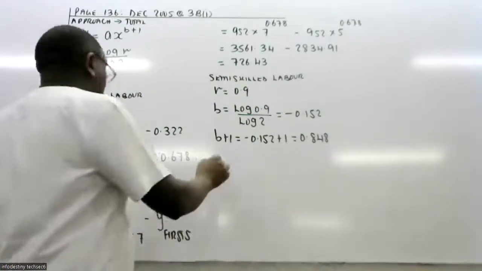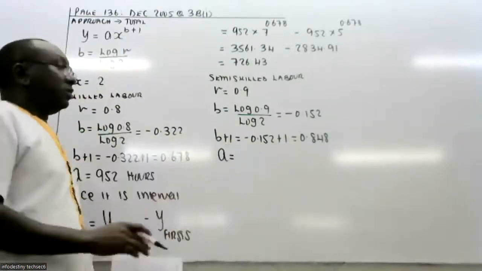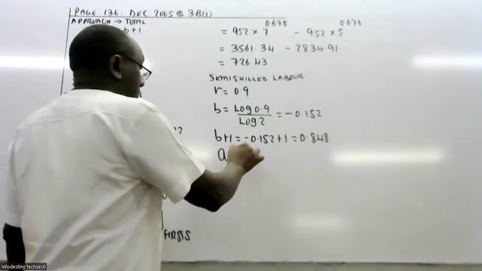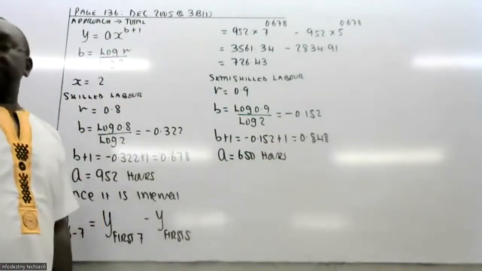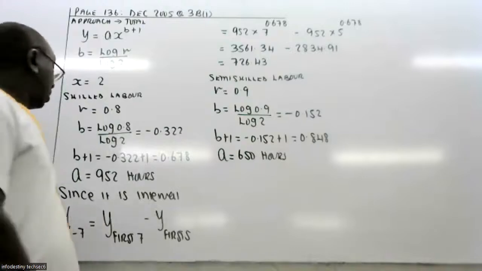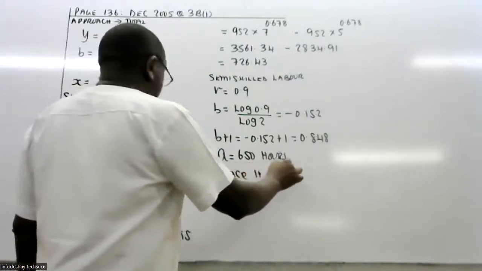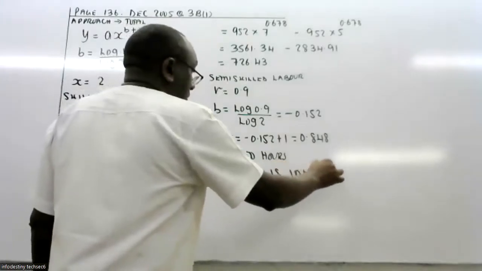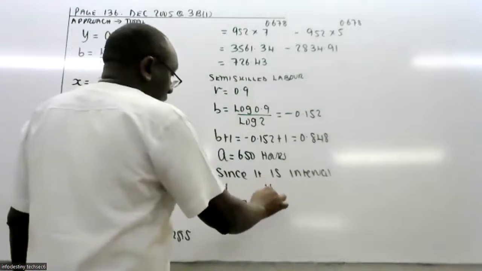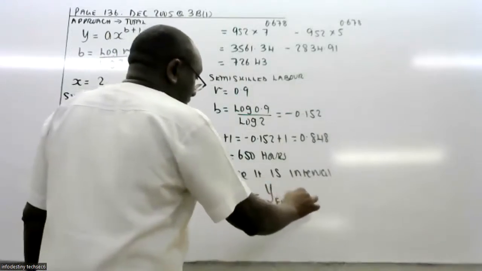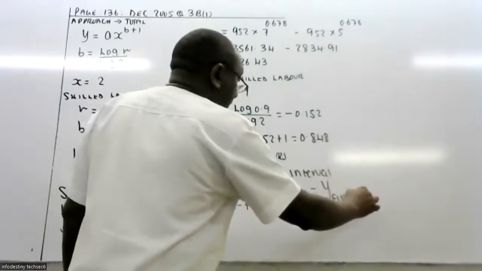And then A, the time taken to make the very first, is 650 hours. So since it is interval, y for the 6 to 7 will be y for the first 7 minus y for the first 5.